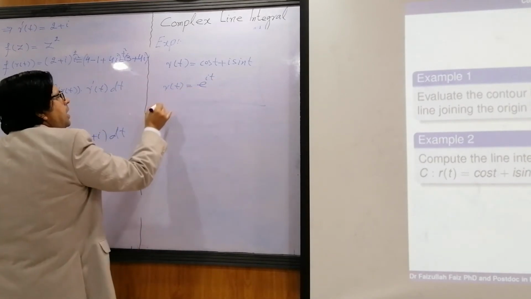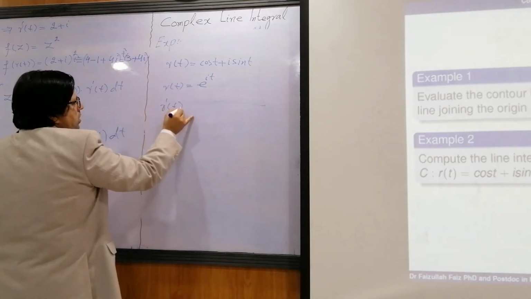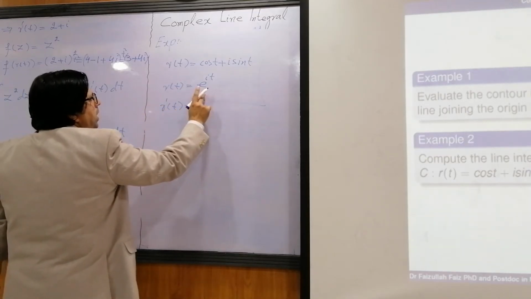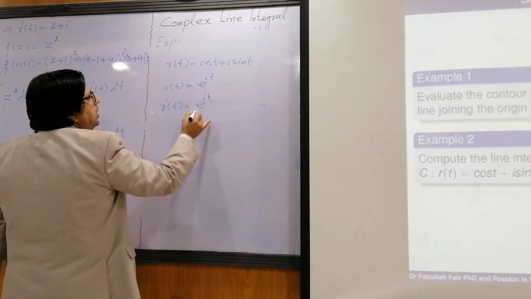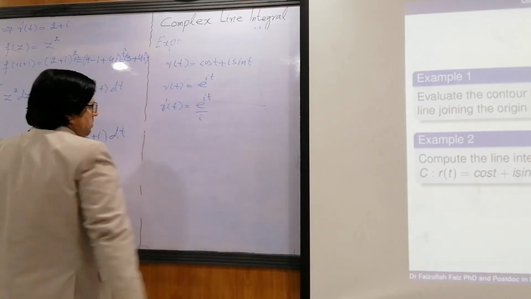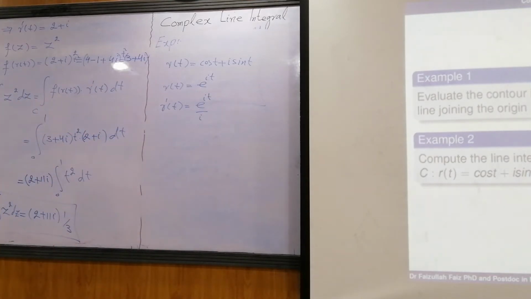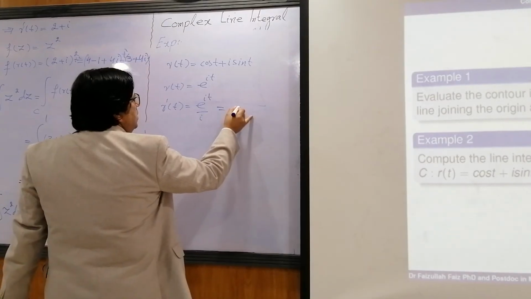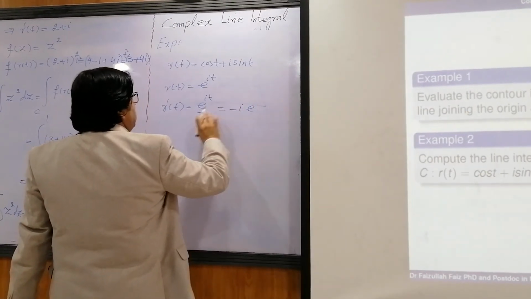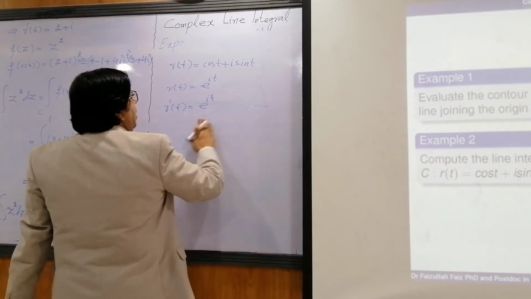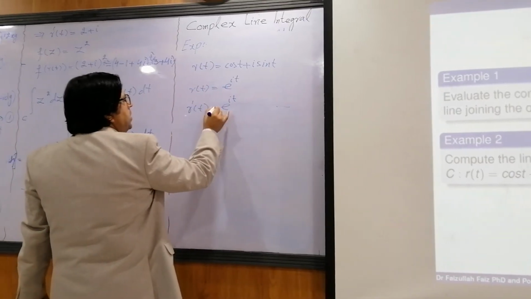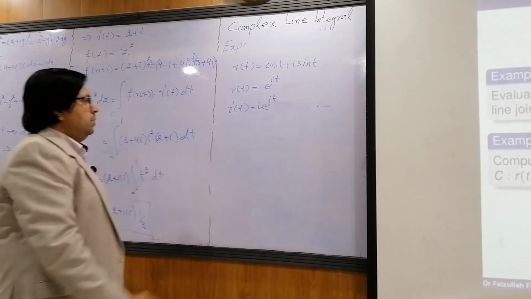Now from here I need r dash of t. Just differentiate, and the differentiation of r of t is iota e power iota t.